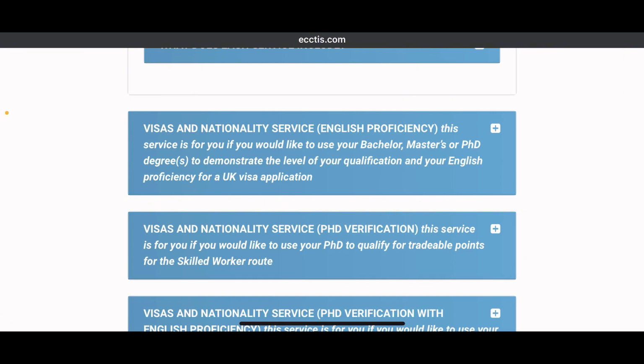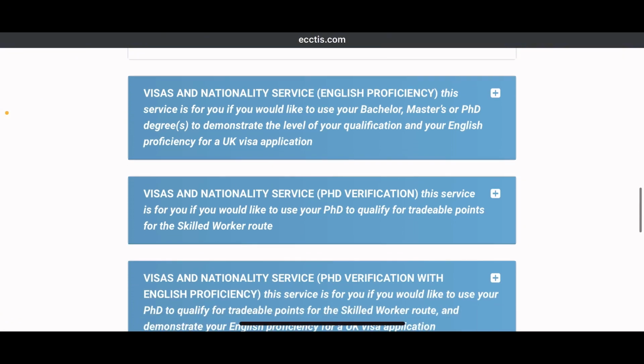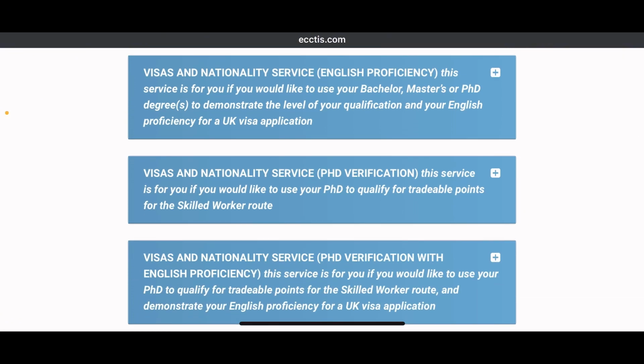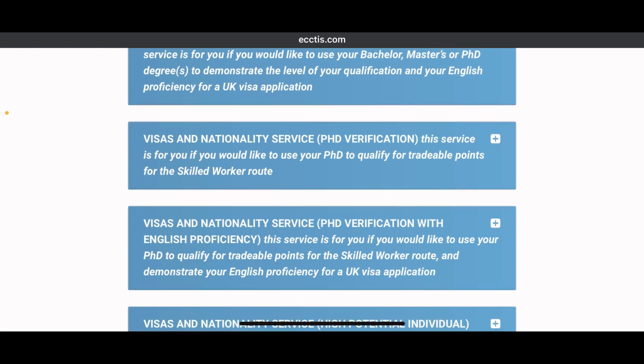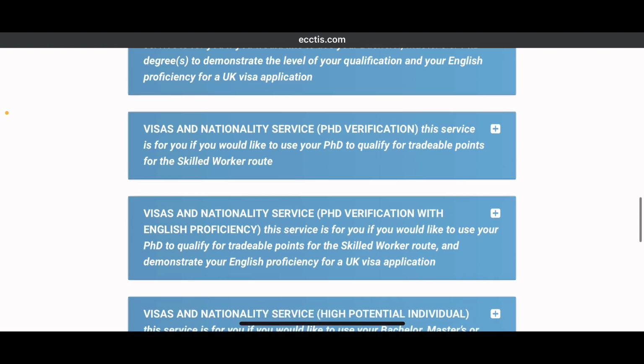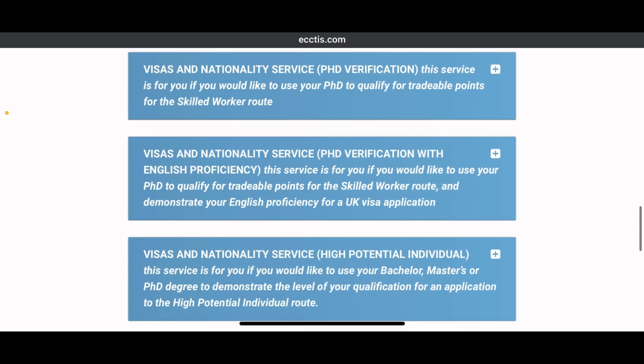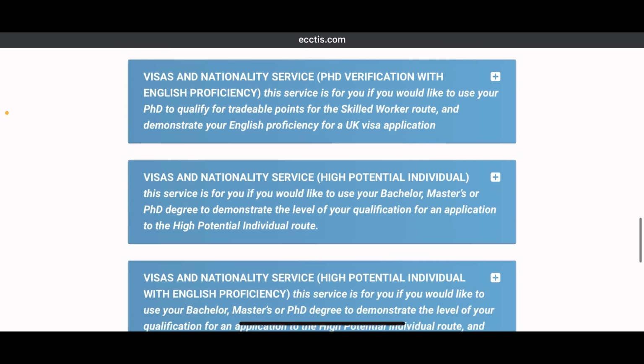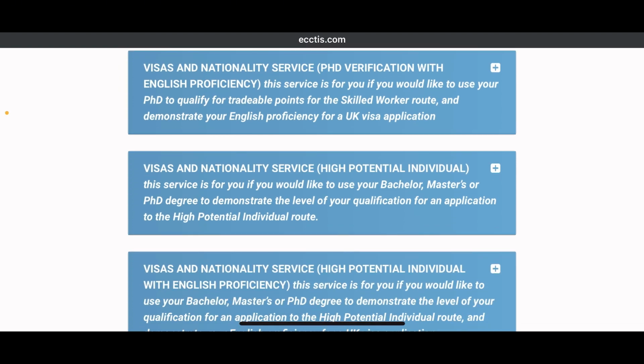Visas and Nationality Service PhD verification is if you want to use your PhD to qualify for a tradable point for the skilled worker route. Visas and Nationality Service PhD verification with English proficiency is for you if you would like to use your PhD to qualify for a tradable point for the skilled worker route and demonstrate your English proficiency for a UK visa application.